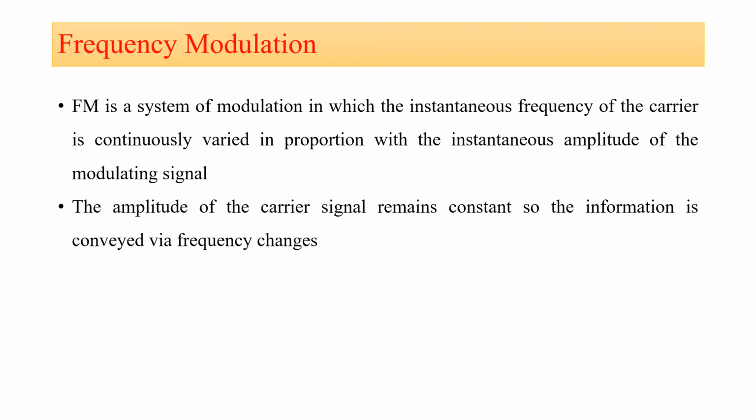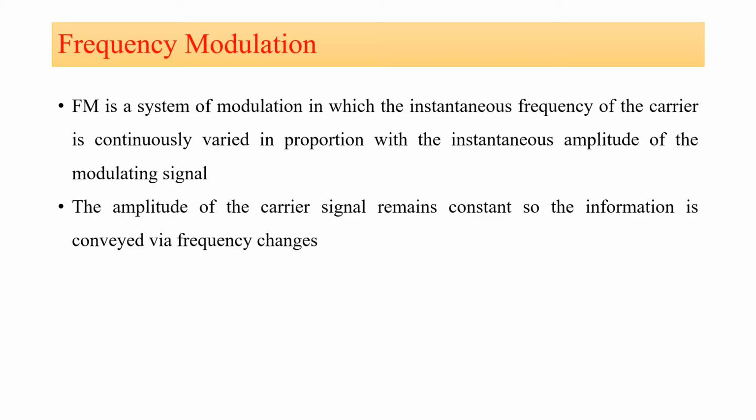In amplitude modulation, the amplitude of the carrier signal will change in accordance with the amplitude of the low frequency signal or the information signal, by keeping the frequency and phase constant. Means amplitude will vary but the frequency and the phase of the carrier signal will be constant.